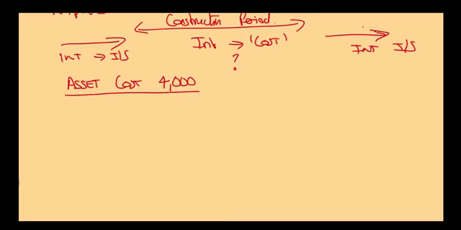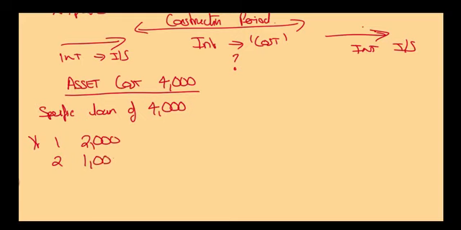And so I go out and I get a specific loan of 4,000. And in year one, I spend 2,000. In year two, I spend 1,000. And in year three, I spend the final 1,000. But I get all this specific loan right at the beginning. And this loan is costing me 10%.